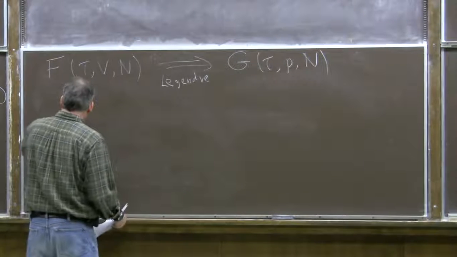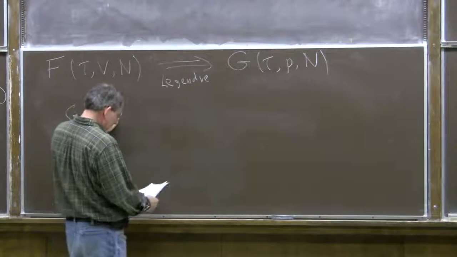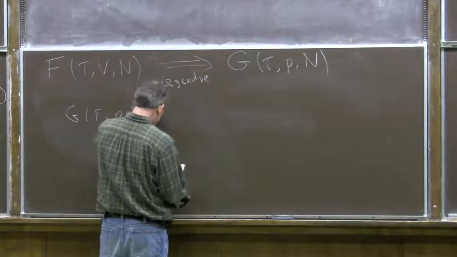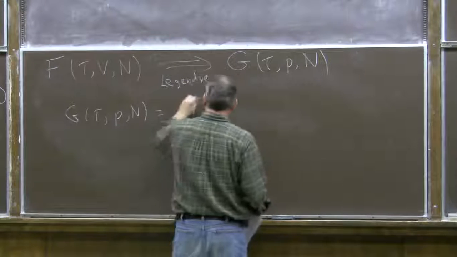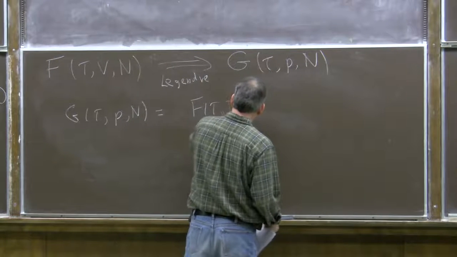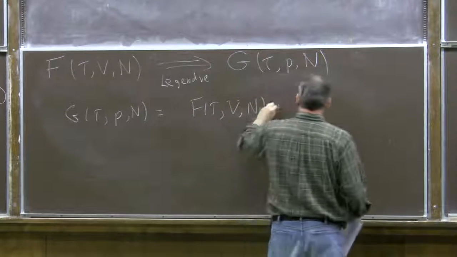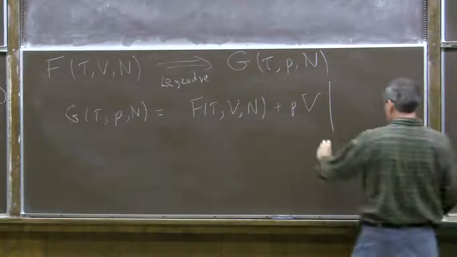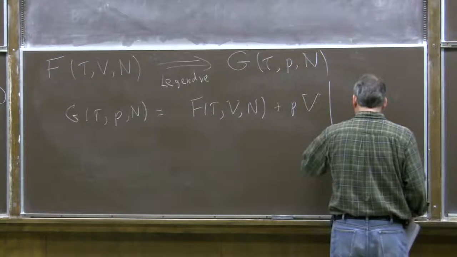Namely, G of tau, P, and N is F of tau, volume, and N plus PV, but evaluated where it's stationary in V.